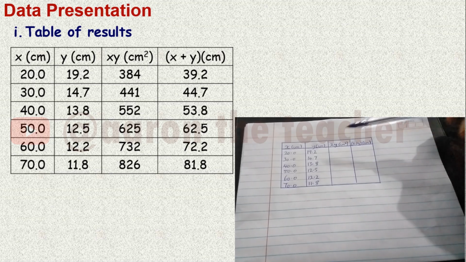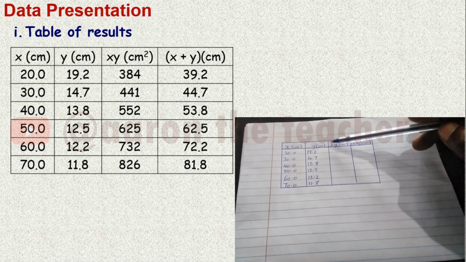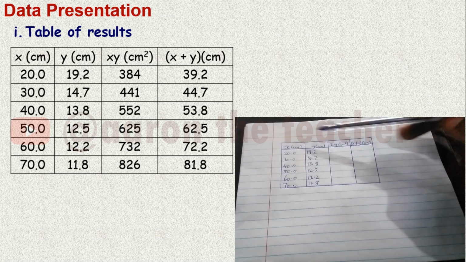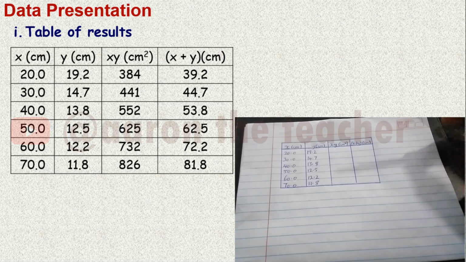In the column of x times y, I'm having centimeter squared because I'm multiplying centimeter of x and centimeter of y, which gives centimeter squared, meaning I have to always add it there. Don't make a mistake of writing just centimeters because it was a product.